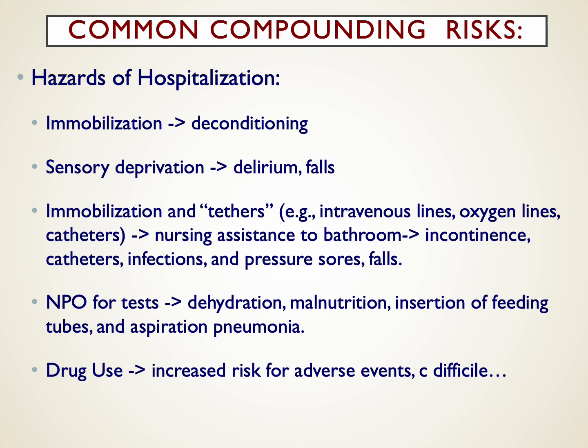Because what does hospitalization do to older patients? They often will lose ground that they may never gain back again. Immobilization leads to deconditioning that is very hard for some folks to regain after hospitalization. They have a blunting or sensory deprivation that leads to delirium and falls risk. The immobilization might also be a function of IV lines or catheters or something else.